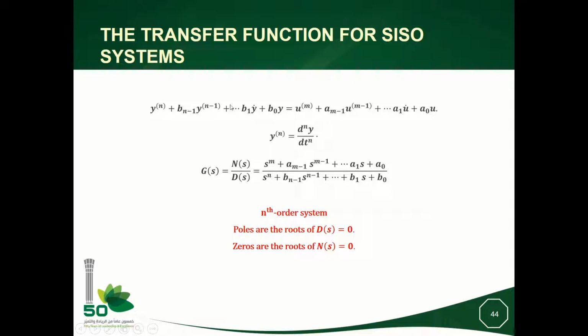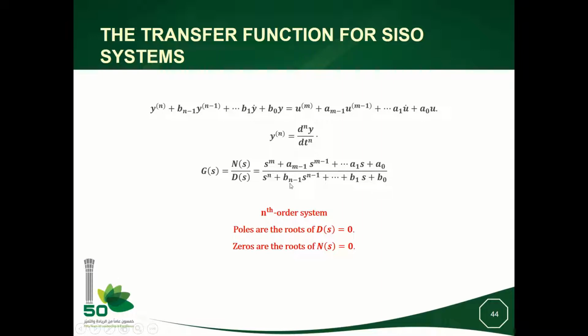So we can factor out Y(s) here, and we can factor out U(s) here. And then we compose Y(s) divided by U(s). We will get the transfer function G(s) defined as the numerator N(s) divided by the denominator D(s).